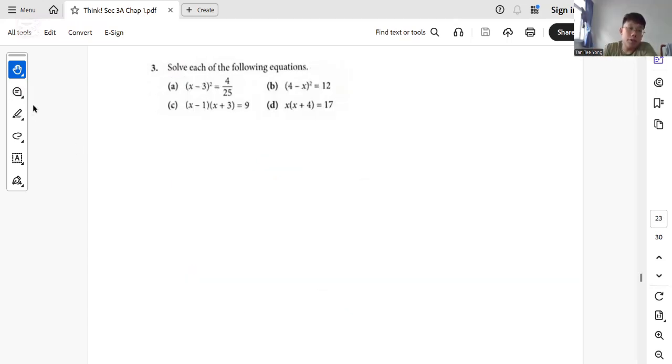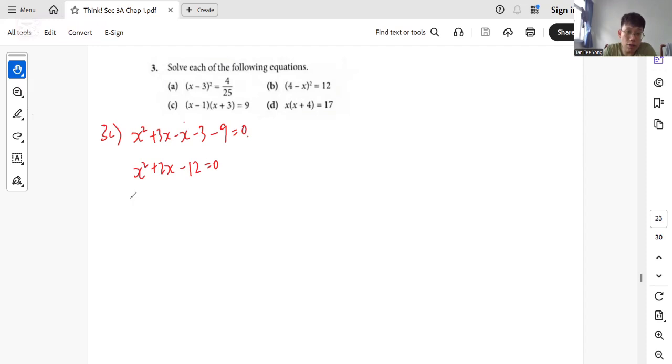Okay, guys, I will go through question 3C. For 3C, I will have to expand everything and then bring the 9 to the left. So x squared plus 3x minus 3 minus 9 equals to 0. So x squared plus 2x minus 12 equals to 0.